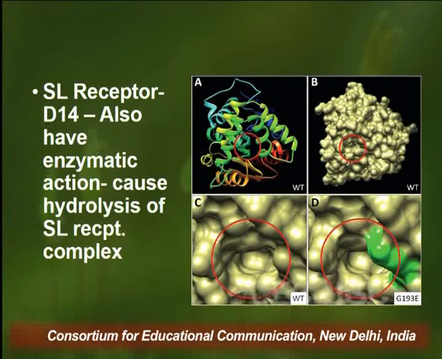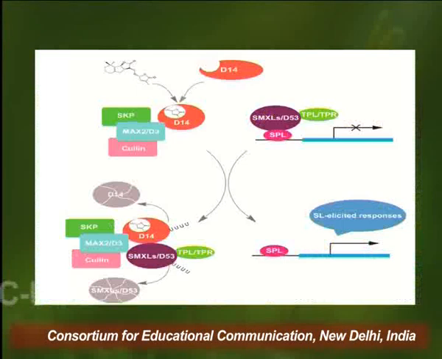effect. Now apart from binding of strigolactones, these receptors have enzymatic action also, as they cause the hydrolysis of the strigolactone receptor complex. And what is this hydrolyzing effect? We will discuss further ahead. So here you can see in this picture that the strigolactone molecule binds into the cavity of the receptor, that is D14.